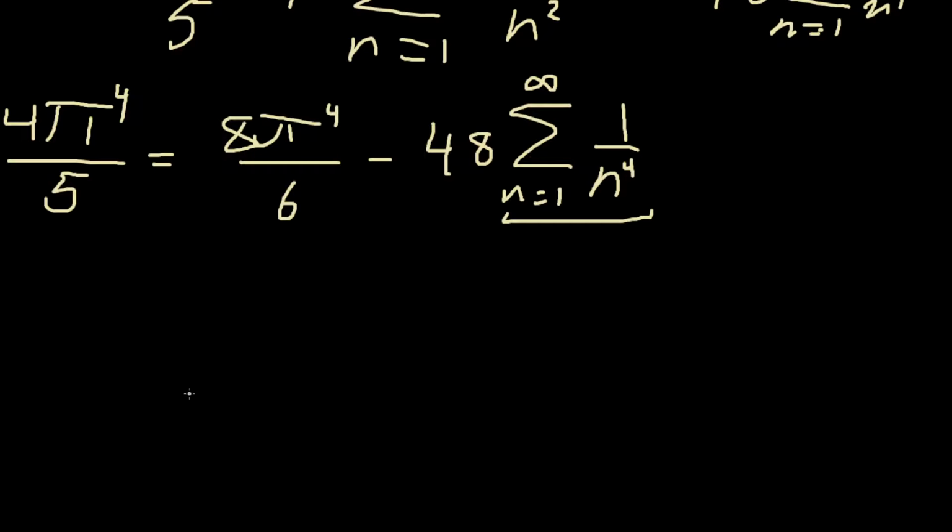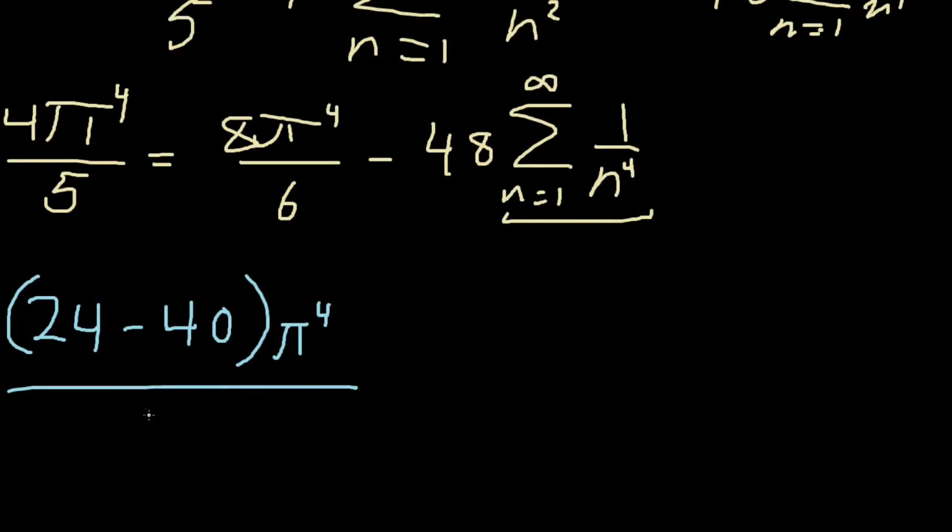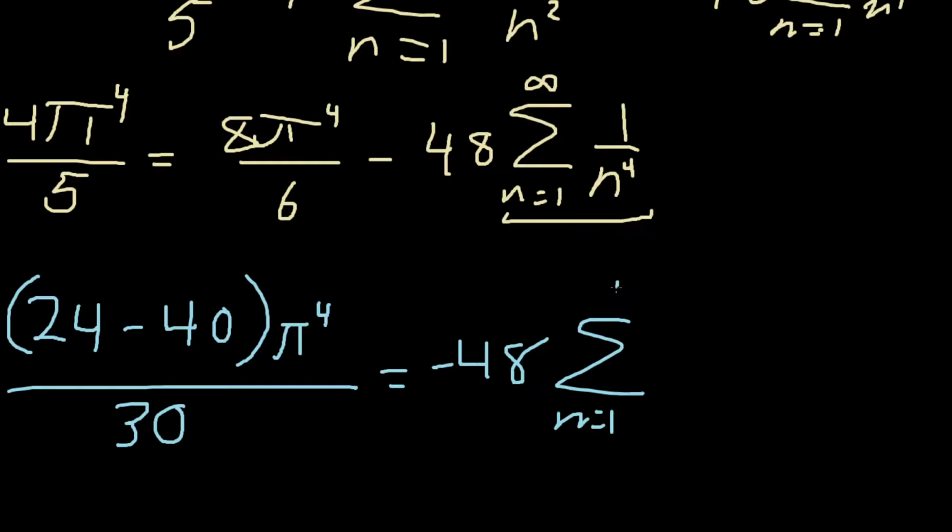Do some simplifications and some rearrangements. Move this to the other side, we get 24 minus 40 pi to the 4th over 30, right, 30, I hope this is right, equals negative 48 sum n equals 1 to infinity of 1 over n to the 4th.